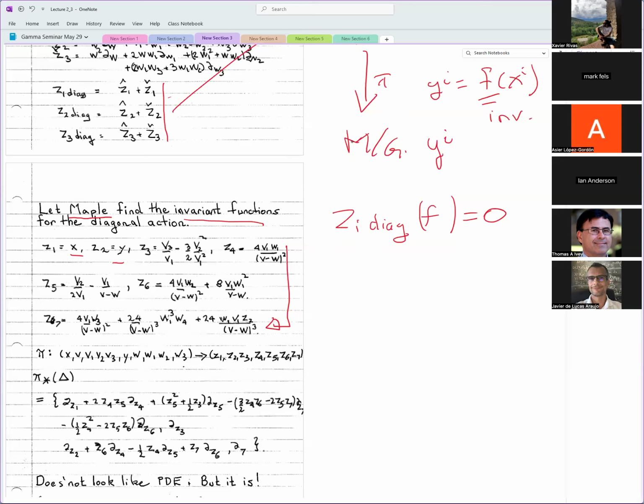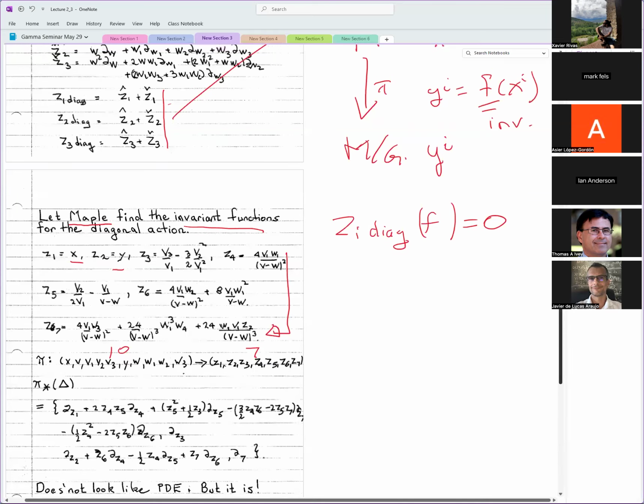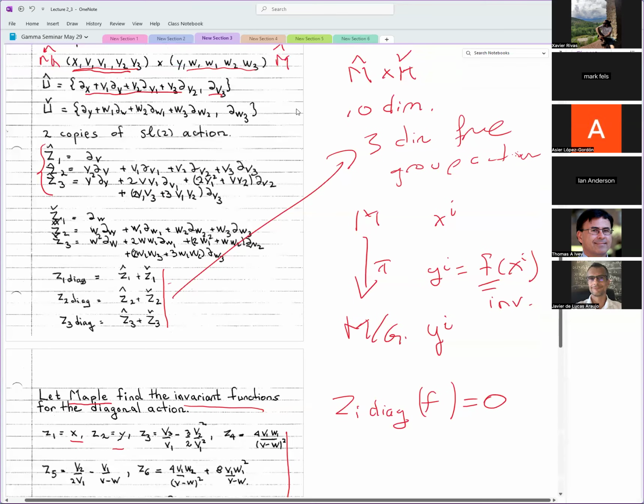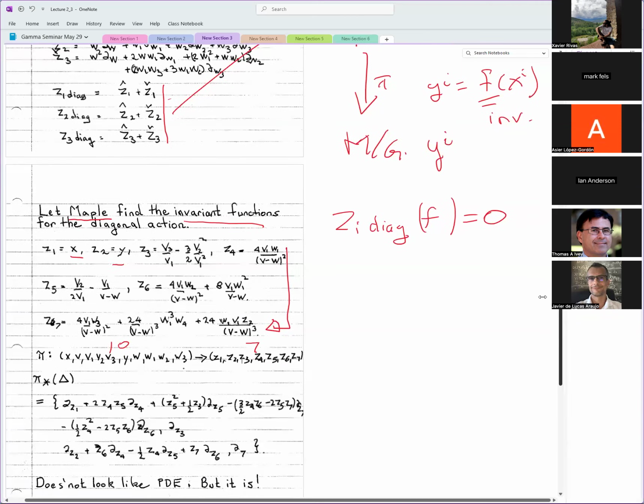I'm going to use those to define my projection map from my 10-dimensional space to my 7-dimensional space. And I'm going to just push forward my distributions. Push forward those 4 vector fields. And I get this thing right here.